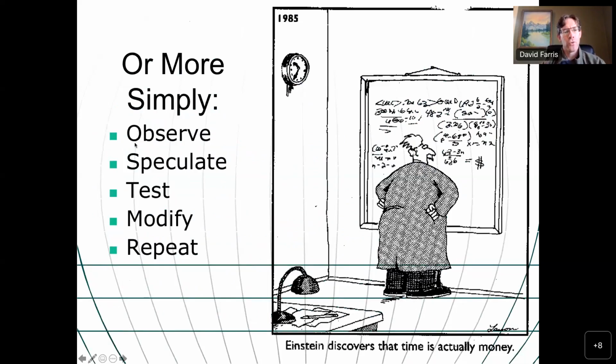So you observe something about the world, you speculate on why it is, you test that hypothesis, you modify it, and then you repeat. This is a geoscience course, so let's say you don't know anything about the composition of our planet. You go out and start making observations. You look at the ground underneath your feet and see that there's a certain type of soil there.